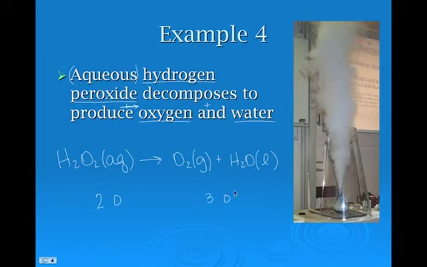Well, another trick that I can tell you, whenever you only have one source for an element and it is an even source, then you want to take whatever it is that's causing the amount to be odd on the other side and make it even. So I'm actually going to put a 2 here because I got 2 oxygens here and I got 1 oxygen here.